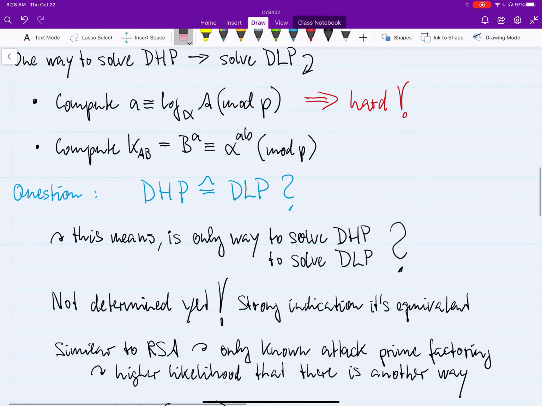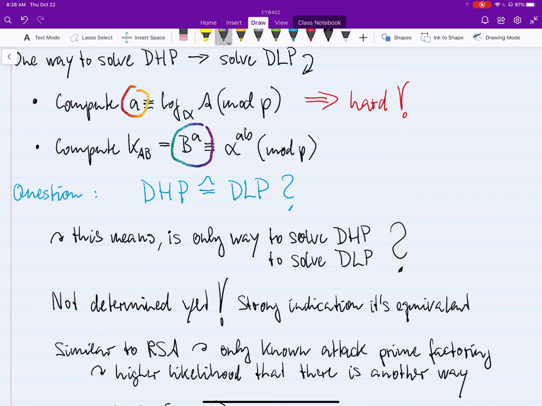So if Oscar could solve for small letter a and get the solution for a, Oscar again could easily compute what Alice actually did.